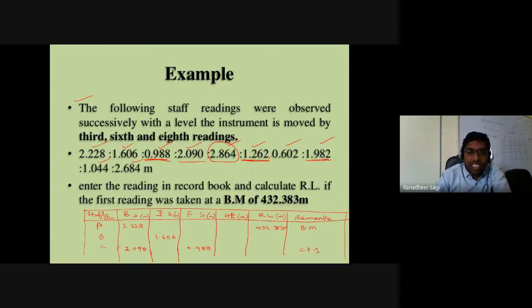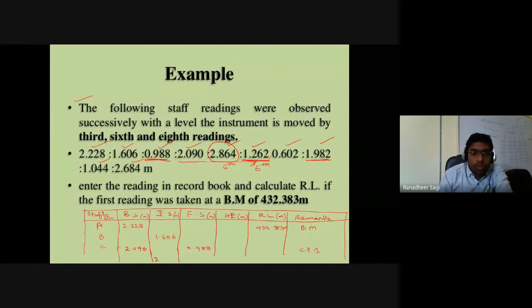The instrument is getting shifted after the sixth reading. In this data, the sixth reading is this one. After the sixth reading the instrument is getting shifted, so your fifth reading, 2.864 meters, is to be listed under your intermediate side.